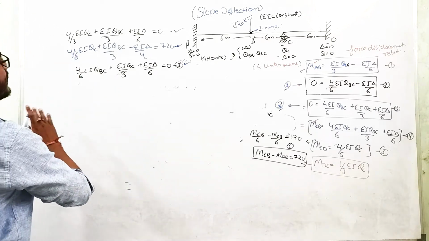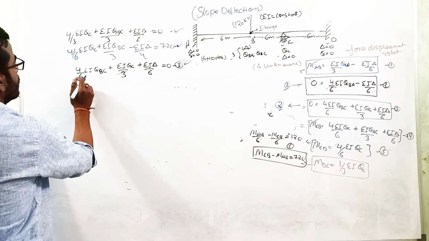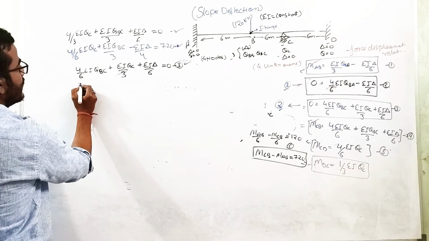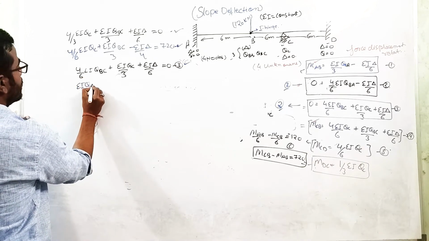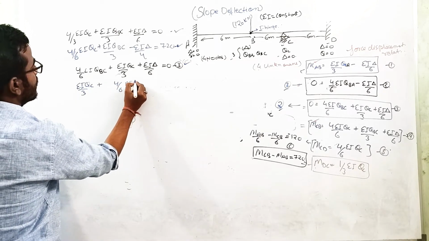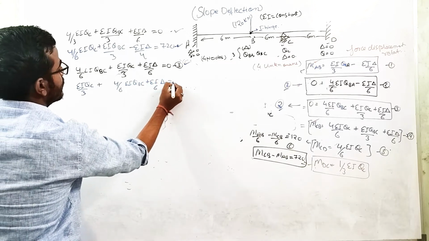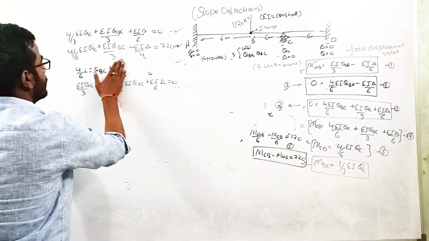I can again rearrange this equation like this. This is 4 EI theta C over 3 plus 4 by 6 EI theta BC plus EI delta by 6 equals to 0.